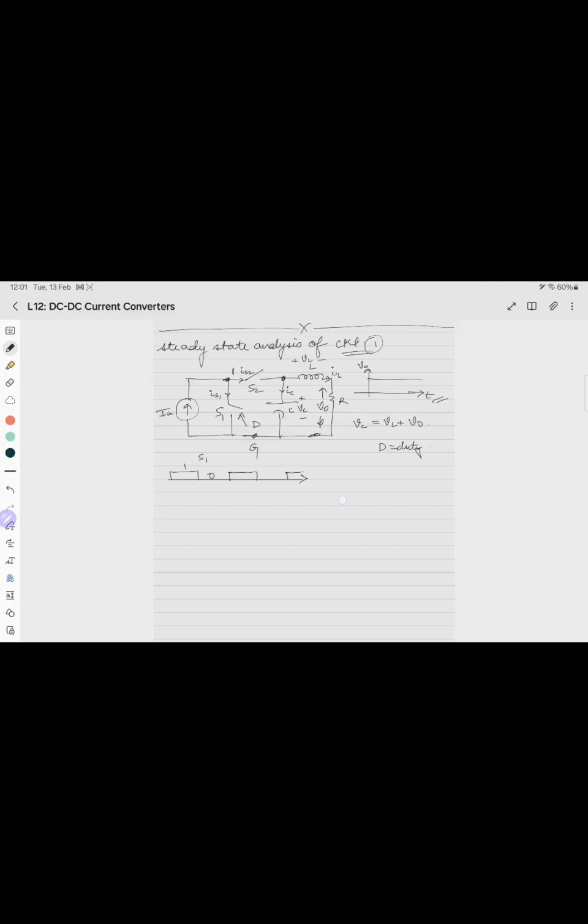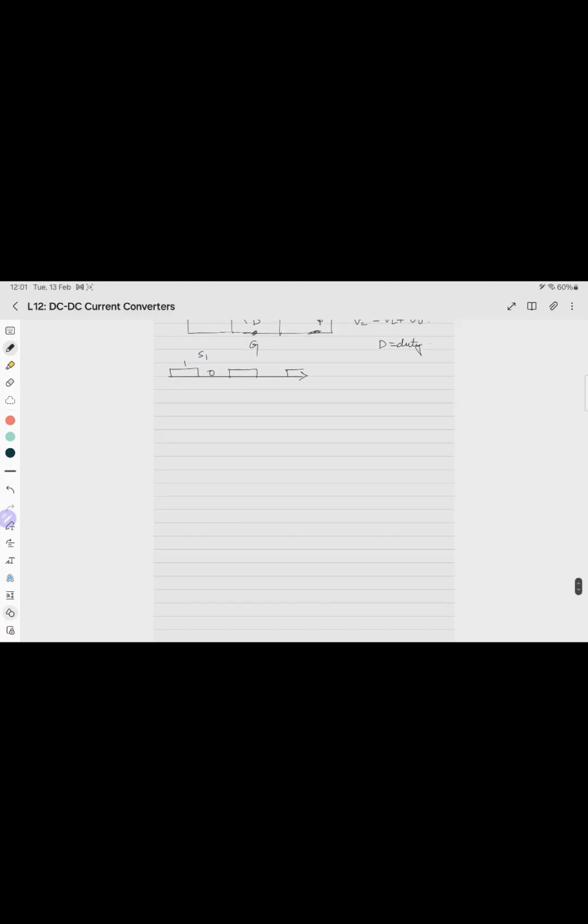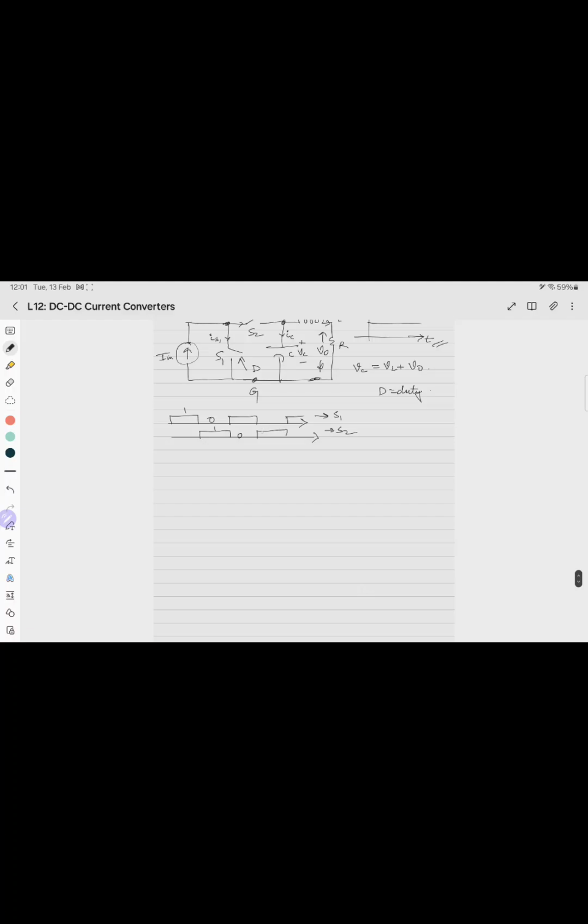This is for S1. For S2, it is the complement. This is for S1, this is for S2, because they operate in the complementary fashion. This I bring it down.